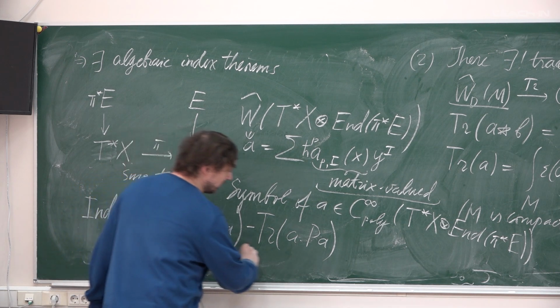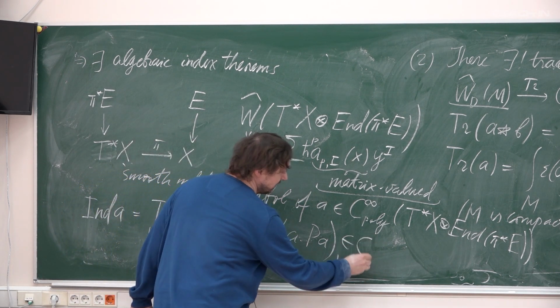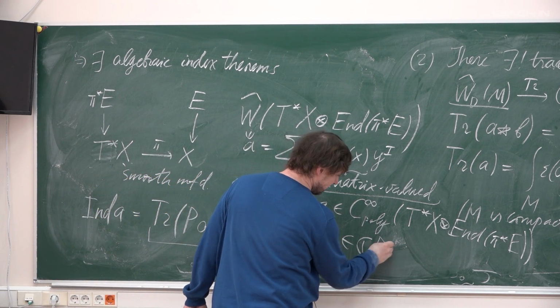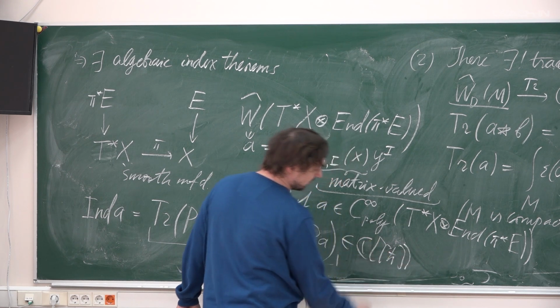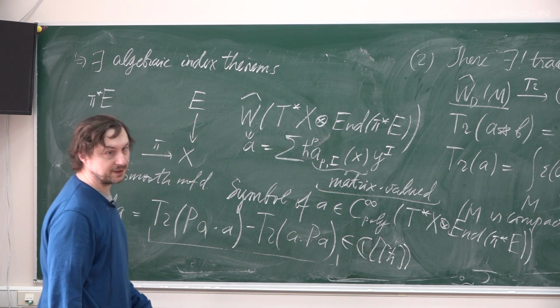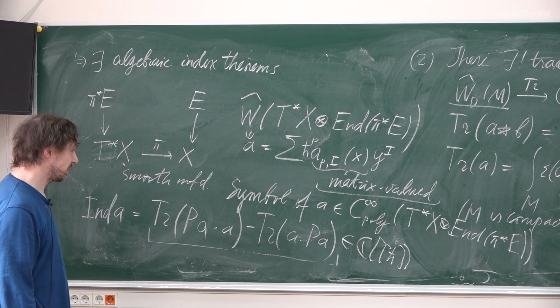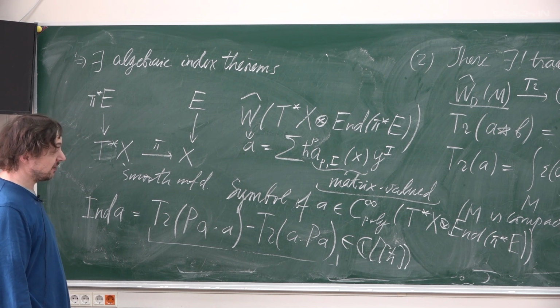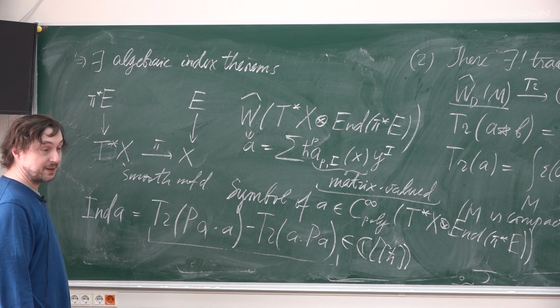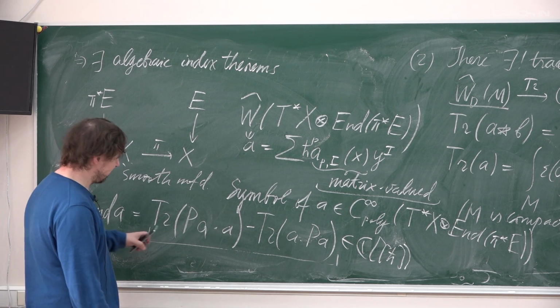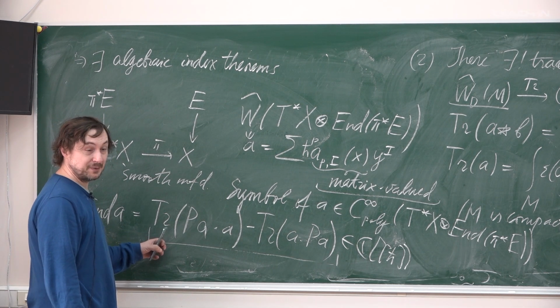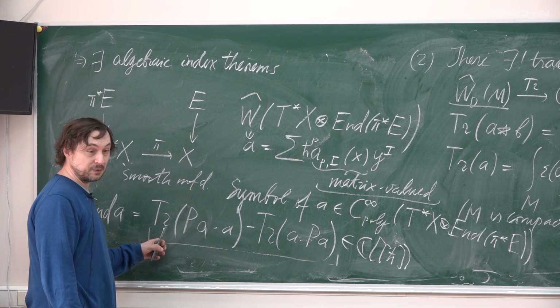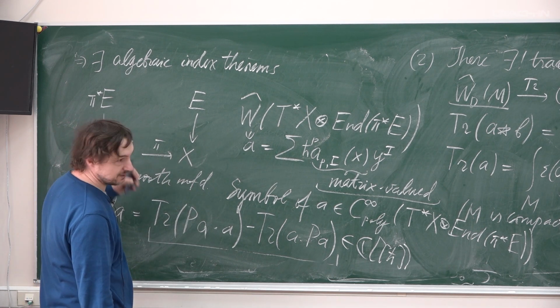So this is now an element in C, with coefficients in h bar, right, in the case of formal power series. And the algebraic index theorem consists of identifying this element with the integral of certain differential form over the manifold X.